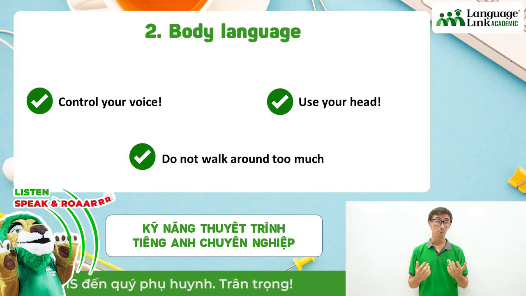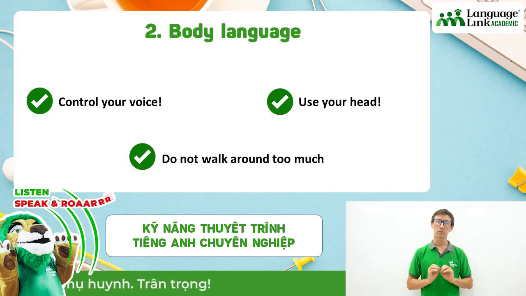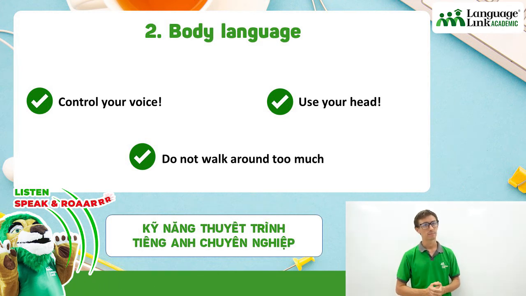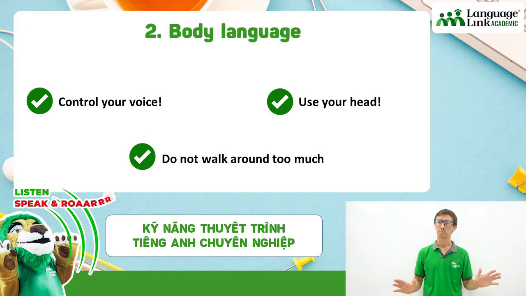Let your voice go up. Let your voice go down when you go slowly. Speaking loudly and quietly. These dynamics can keep a listener interested in your talk. And sometimes you can just stop speaking completely.